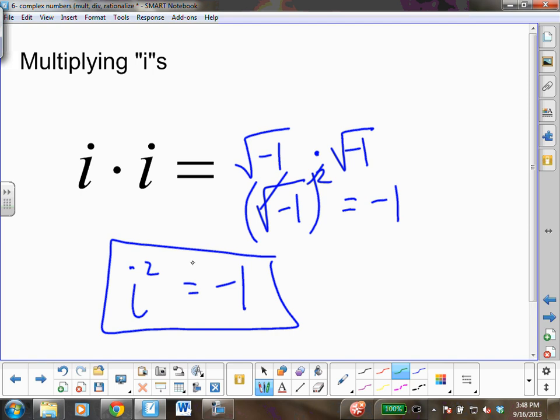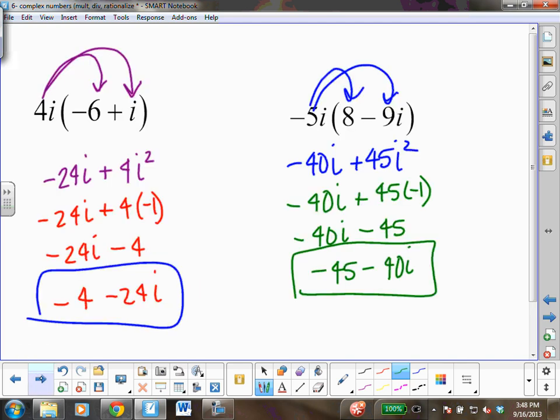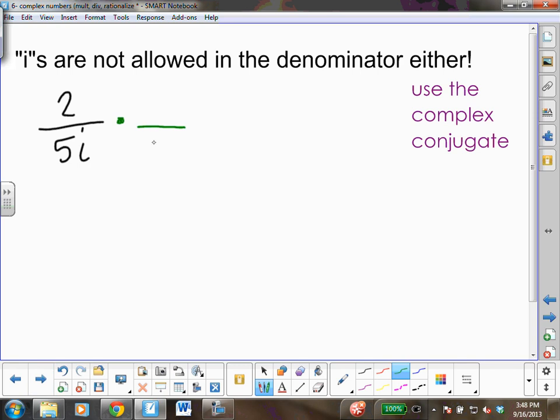Paying attention here, i times i is negative 1. So by multiplying the top and the bottom of this fraction by i, we will effectively be eliminating the i from the bottom of the fraction.